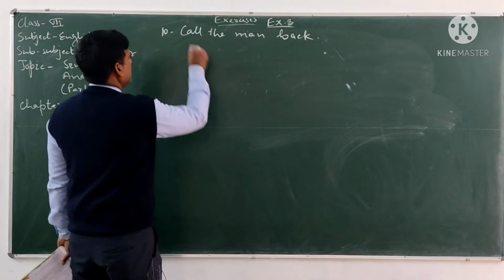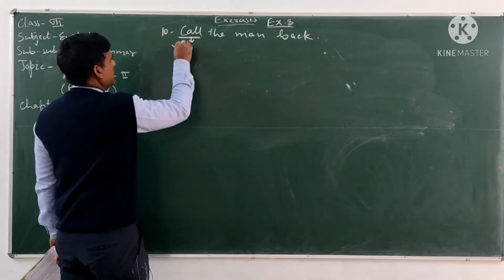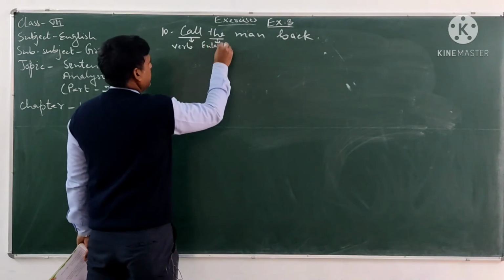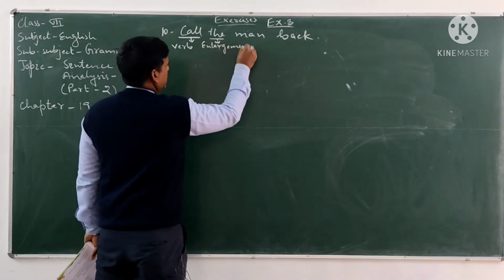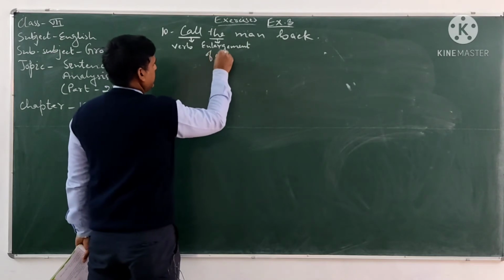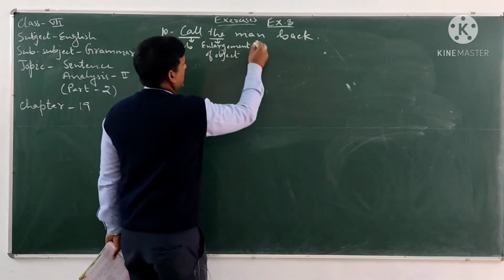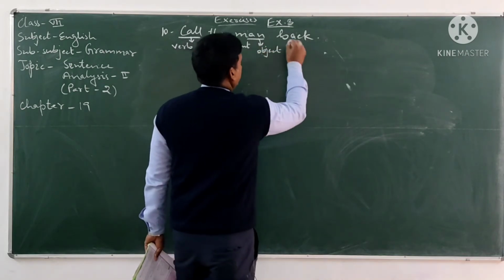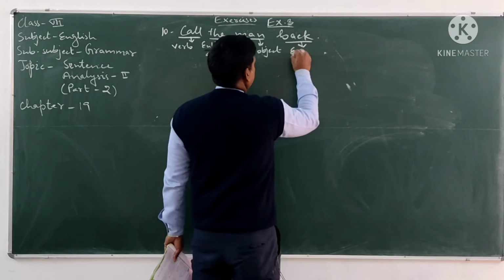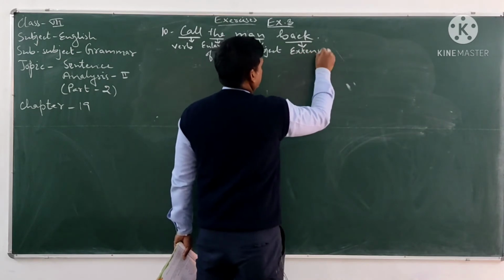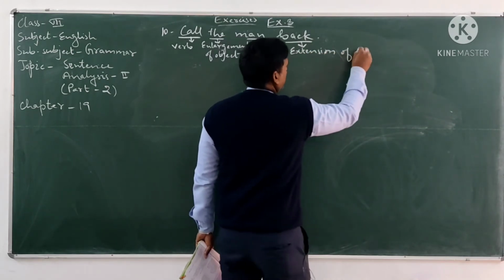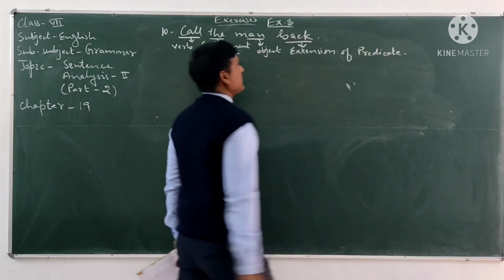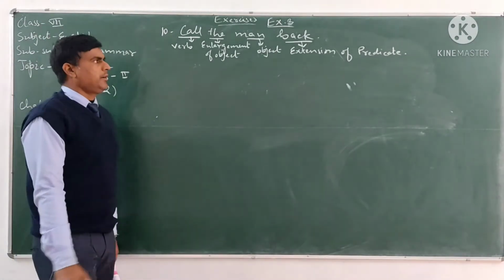In this sentence, call is the verb, the is the enlargement of object, man is the object, and back is the extension of predicate. So this is the sentence analysis of sentence number 10.